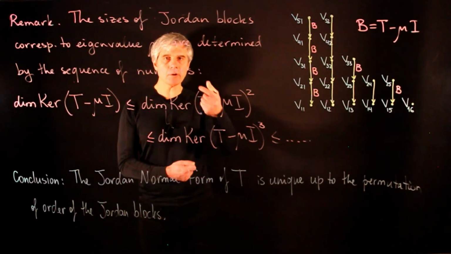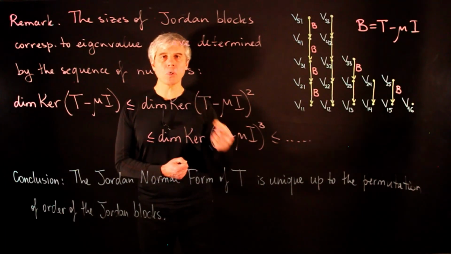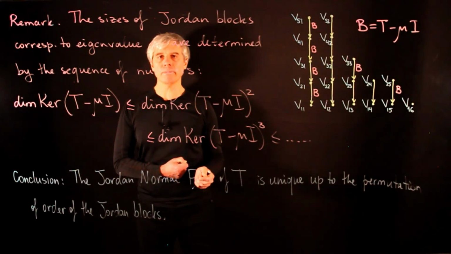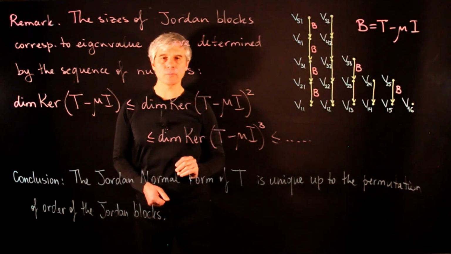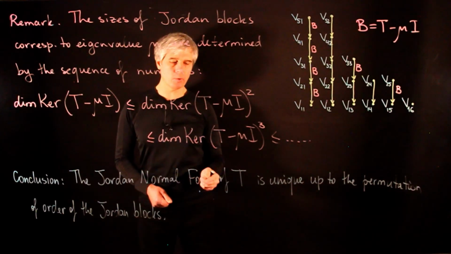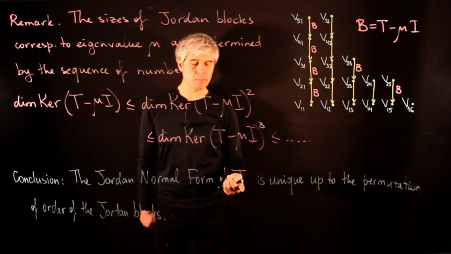We can rearrange the order of the Jordan blocks in the Jordan normal form, but the eigenvalues and the sizes of Jordan blocks for each eigenvalue are uniquely determined by the operator T itself.